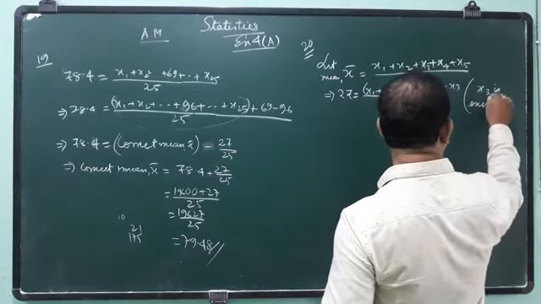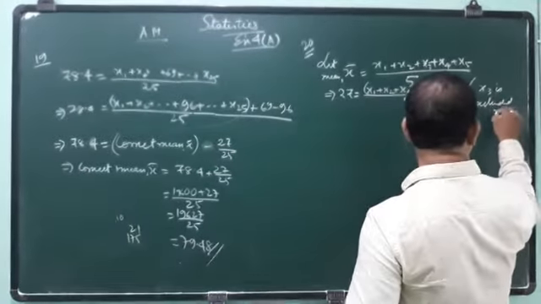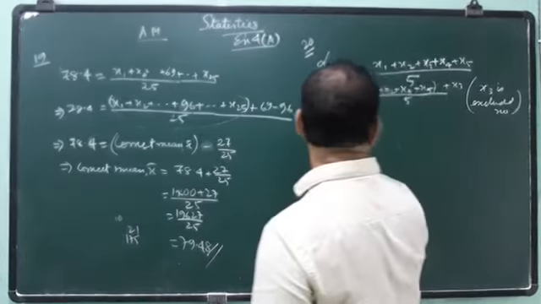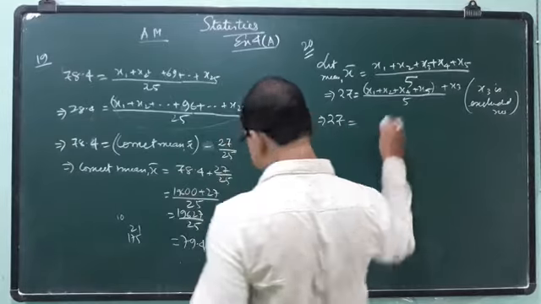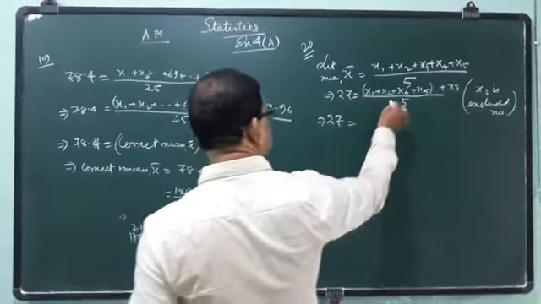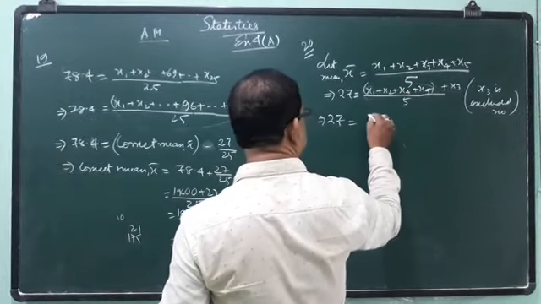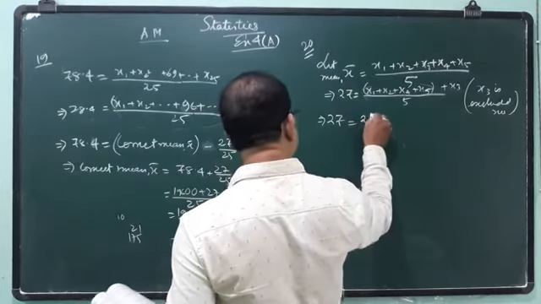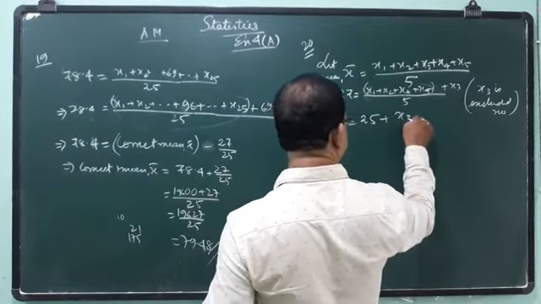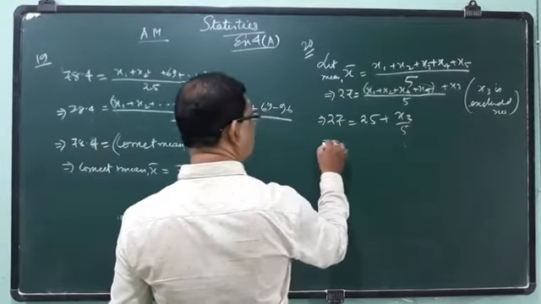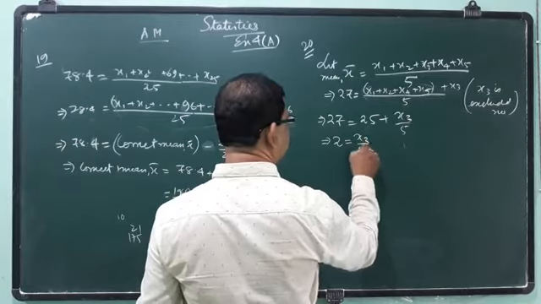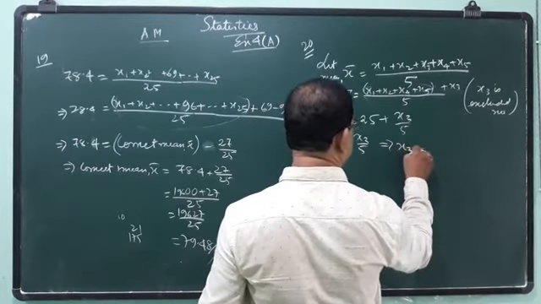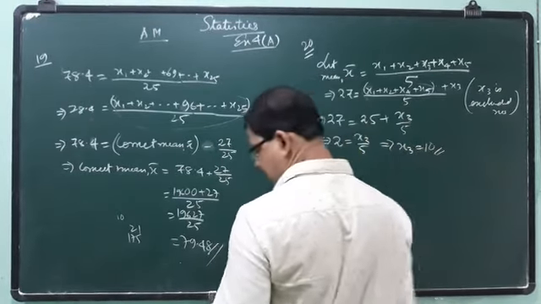So I have excluded x3. Then this is our mean after exclusion, this divided by this, and they have said this is 25. So we get 2 is equal to x3 by 5. And ultimately we get x3 as 10. So 10 is our excluded number.